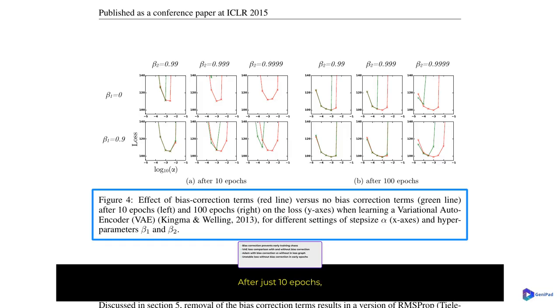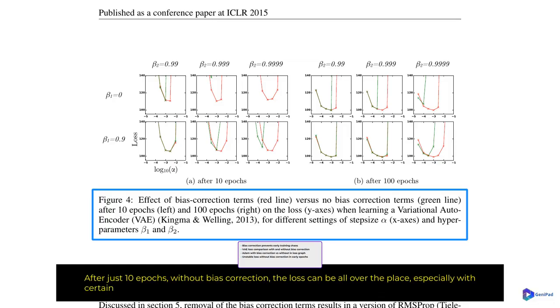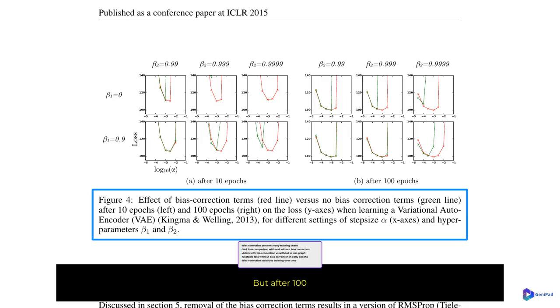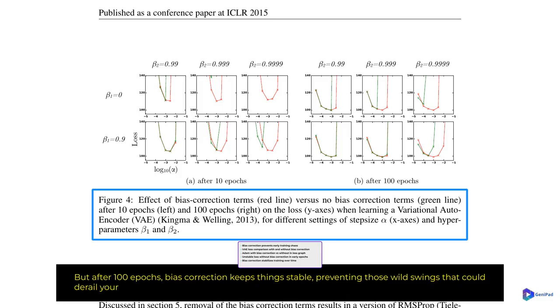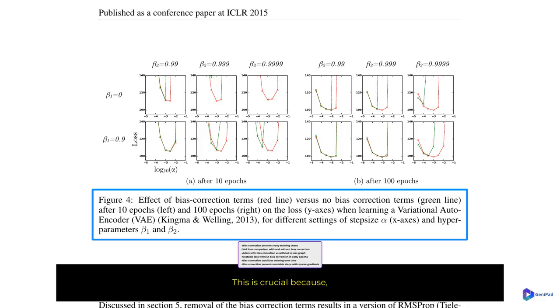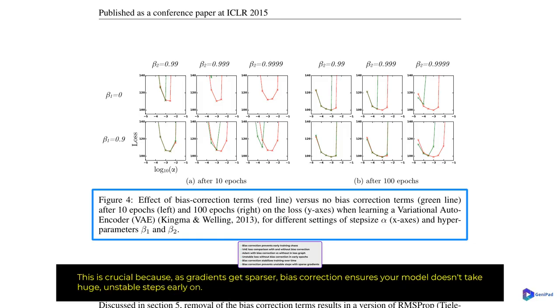After just 10 epochs, without bias correction, the loss can be all over the place, especially with certain hyperparameter settings. But after 100 epochs, bias correction keeps things stable, preventing those wild swings that could derail your training. This is crucial because, as gradients get sparser, bias correction ensures your model doesn't take huge, unstable steps early on.